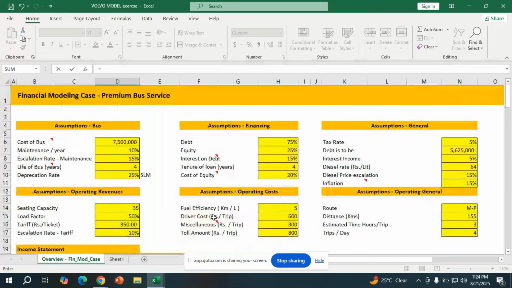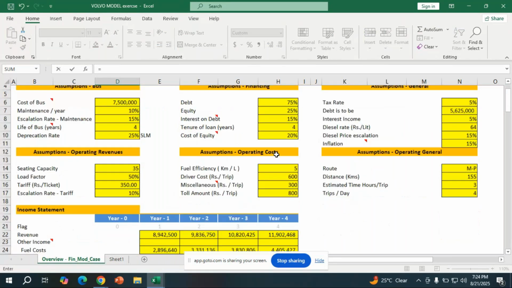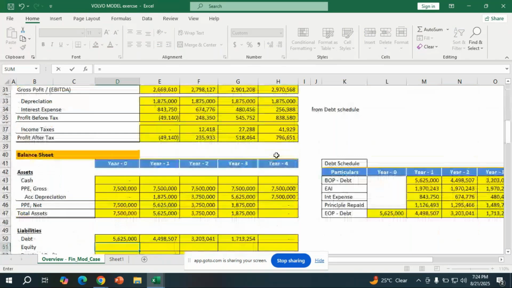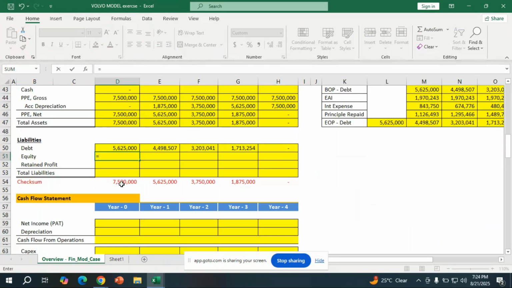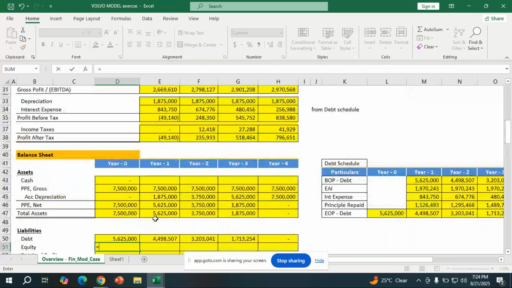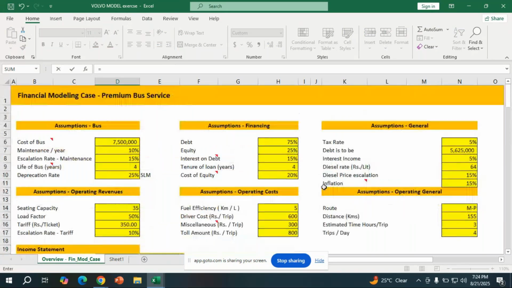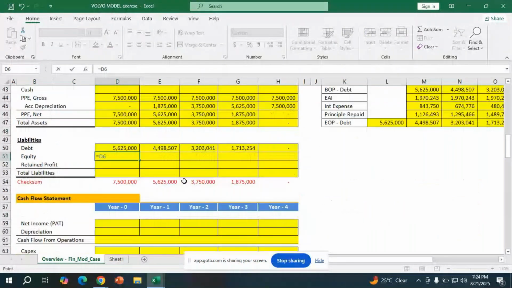We have 75% of debt, we have 25% of equity. So here you're supposed to do it. Equity is 25%, so this into 25%.